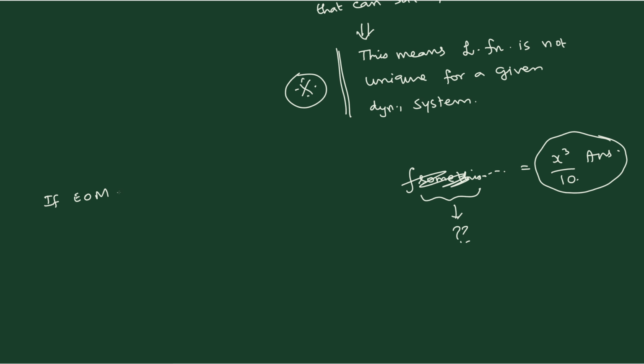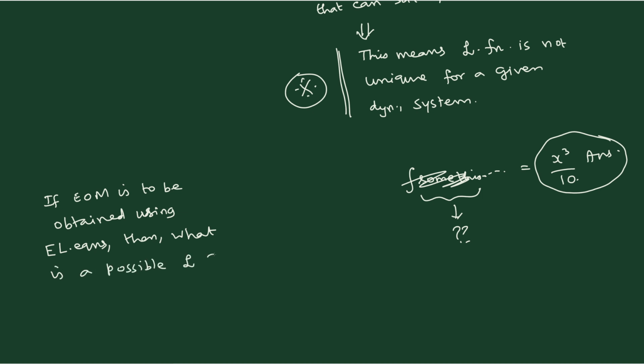If the equation of motion is to be obtained using the Lagrange equations, I'll say EL equation means Euler-Lagrange equations, then what is a possible Lagrangian function? This is the question which is equivalent to what I am asking here.